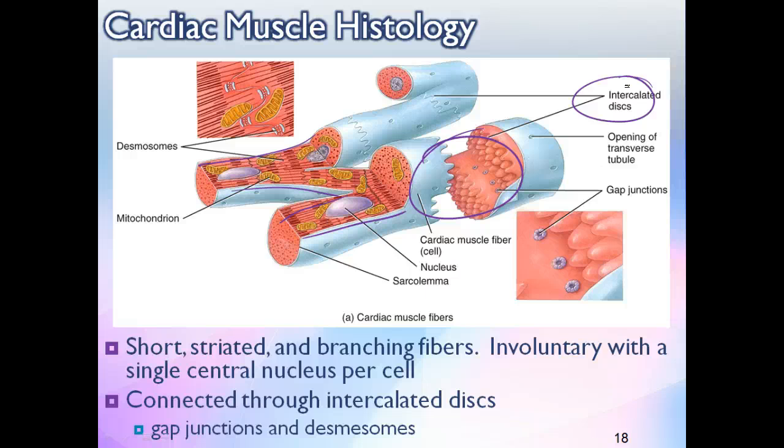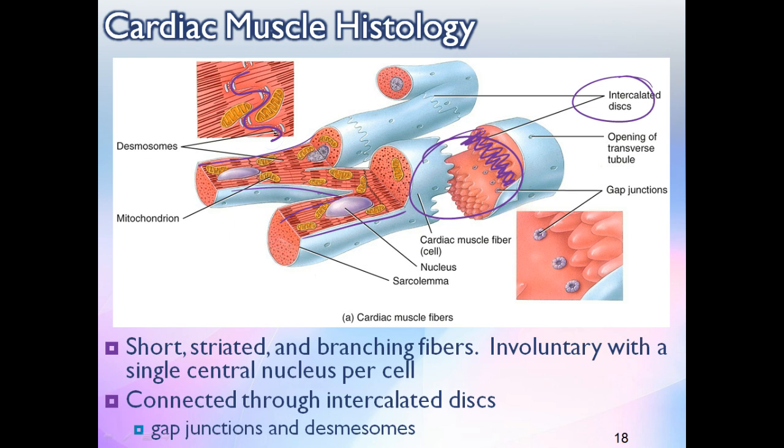Now, these intercalated discs appear, as you recall from A&P1, as thick bands under the microscope. Those thick bands originate for multiple reasons. Number one, there are these little papillae at these junction points, and these allow the muscle cells to interlock with one another much more tightly.